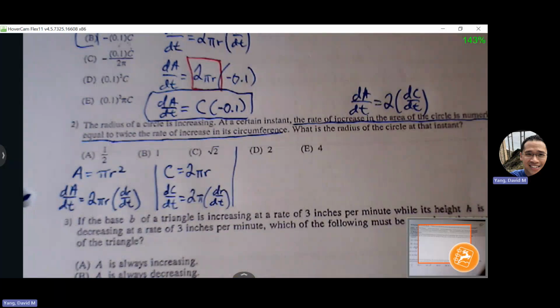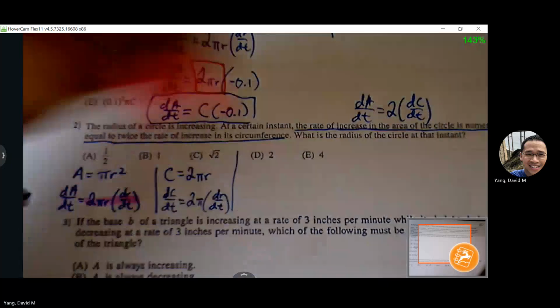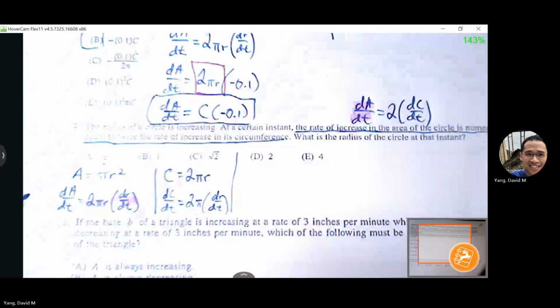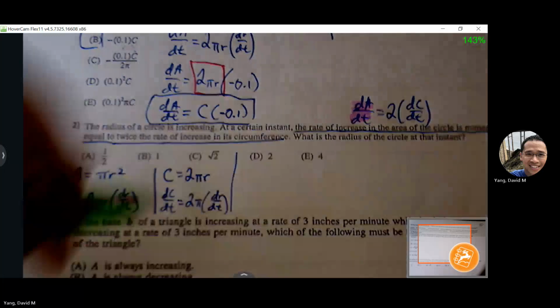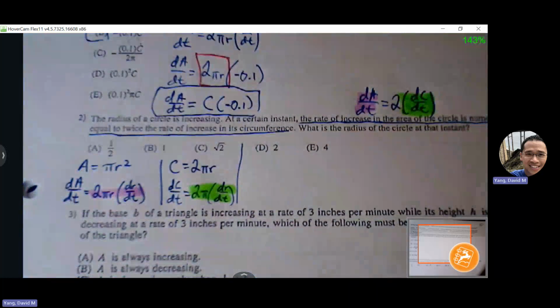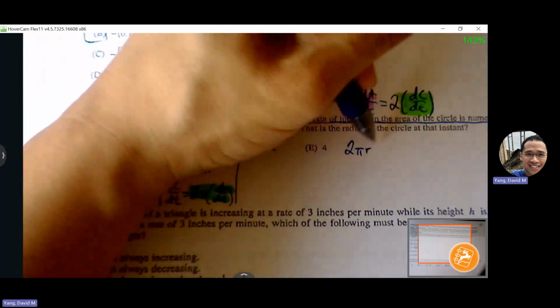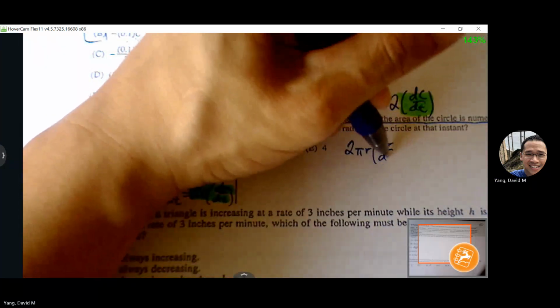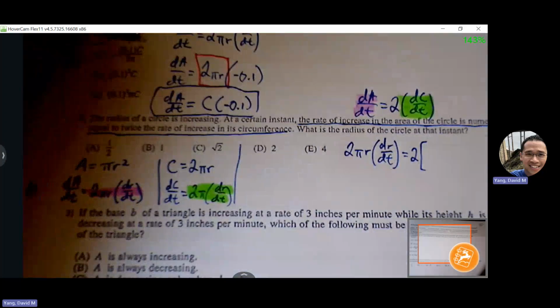Let me color code what I want to do here. I'm going to replace this in for this, then this in for that. If we can get an equation with r showing up, we can then solve for r. So I'm making a substitution here. dA/dt gets replaced with 2 pi r dr/dt, and dC/dt gets replaced with 2 pi dr/dt.